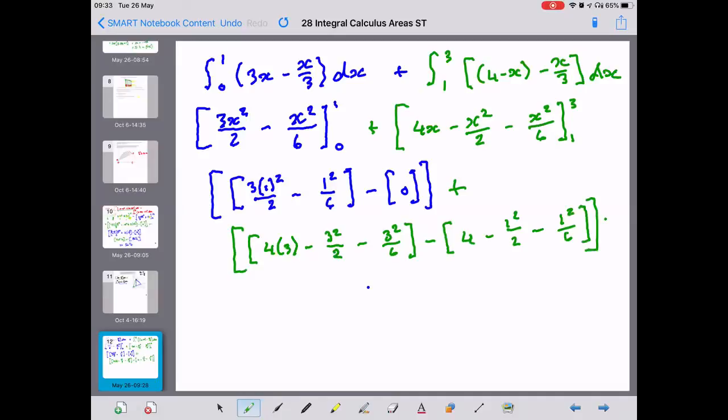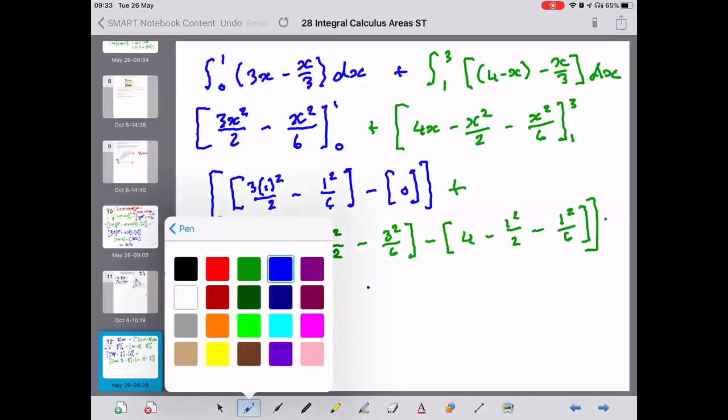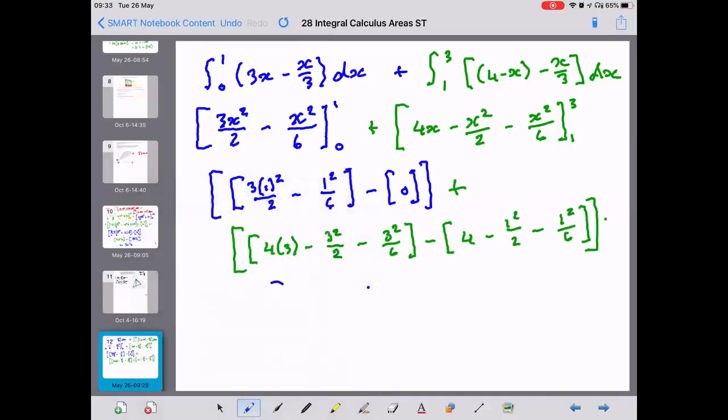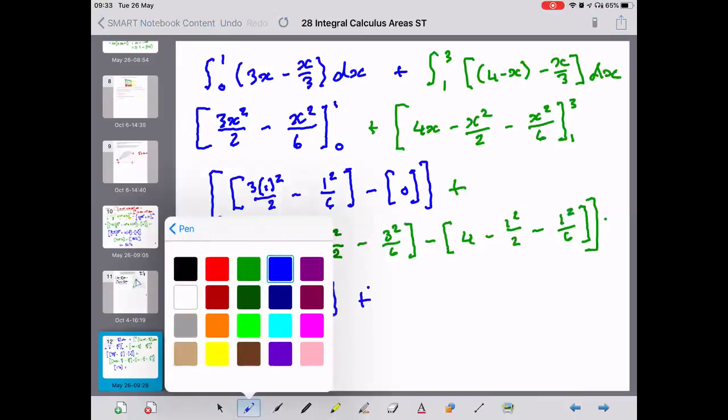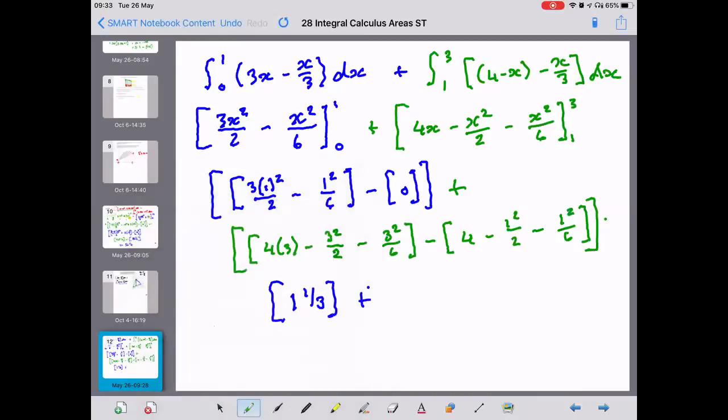All right. Now, please check it out. But I get the blue bit as 1 1/3 plus green bit as 6 minus 3 1/3.